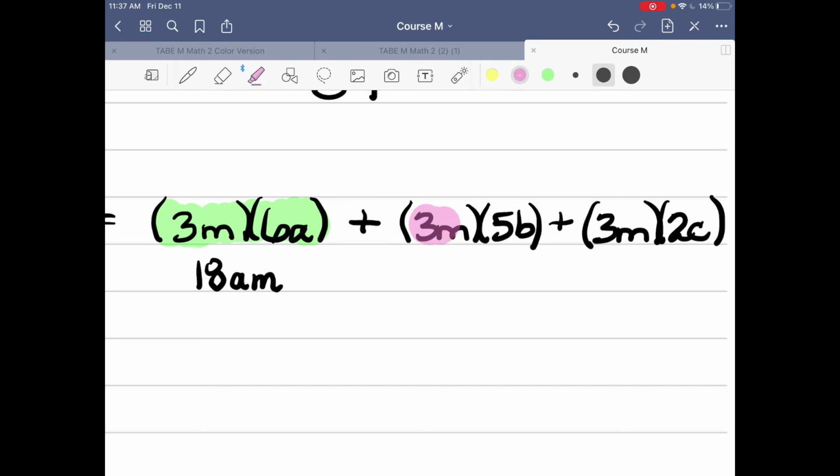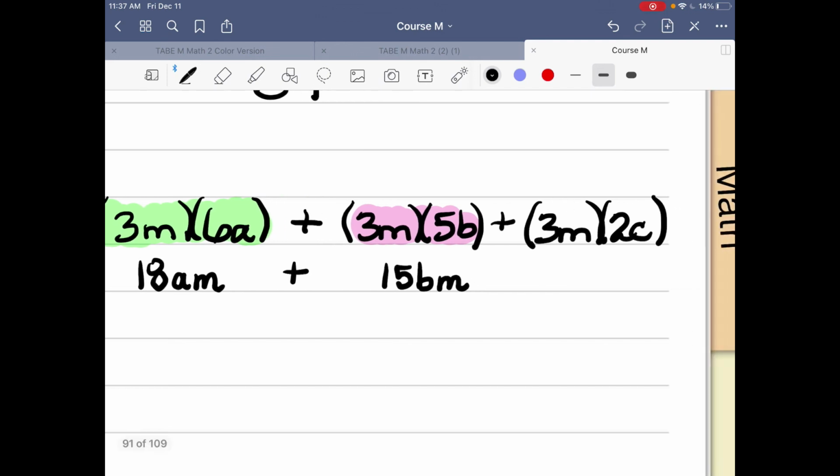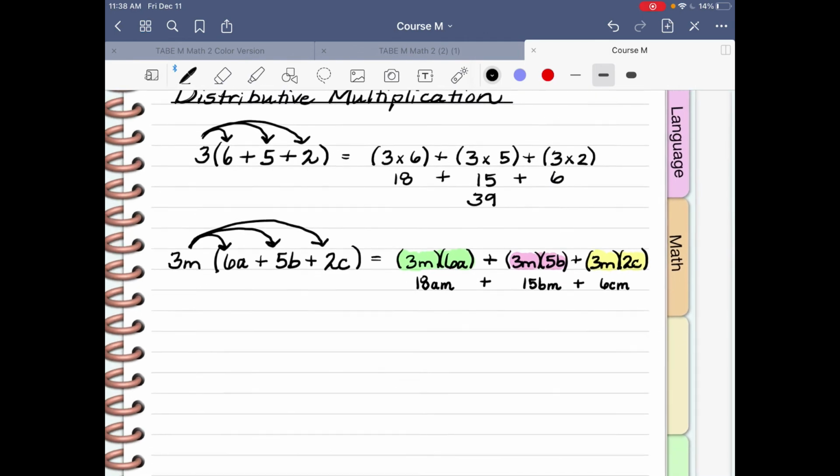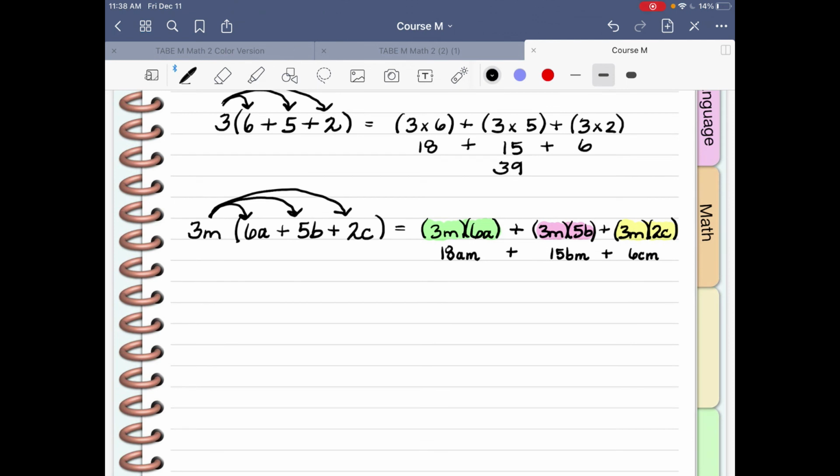This one I'm going to do 3 times 5 to get 15, and then b and m. You want those in alphabetical order, and you can bring that plus sign down. And then on this one, I have 3 times 2 to get 6, and then c, m in alphabetical order. And that's as far as I can go. I have distributed the 3m to all terms. That's pretty advanced stuff there. If you're understanding that, you are doing great.